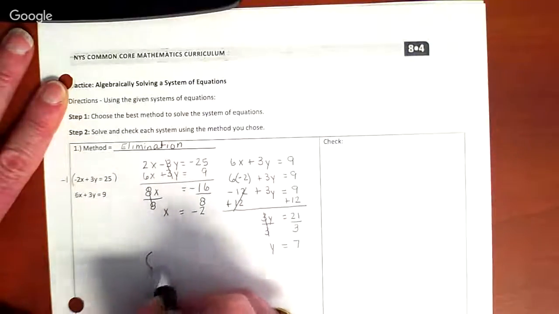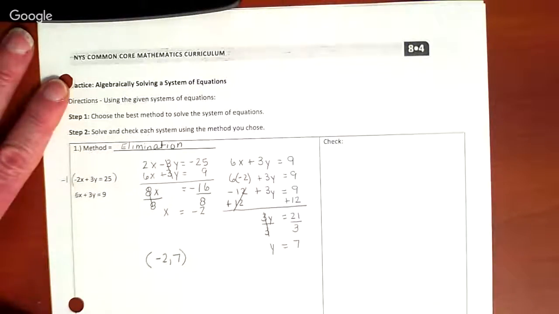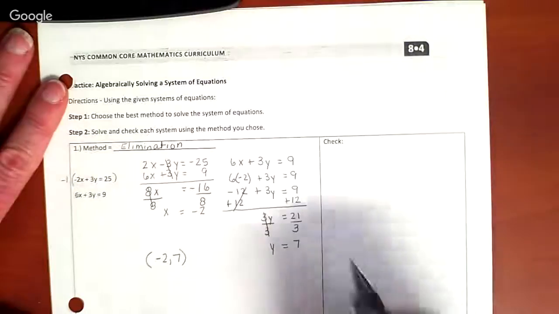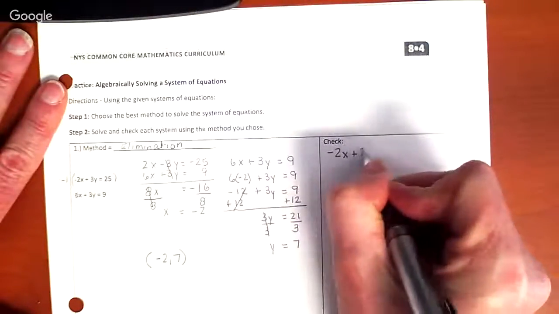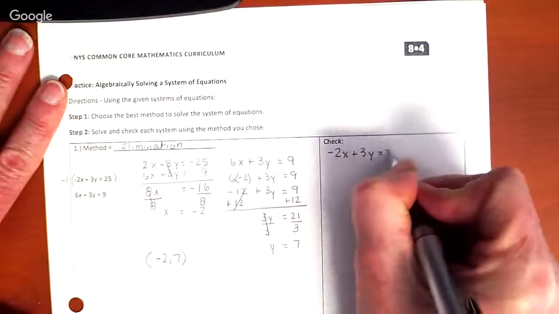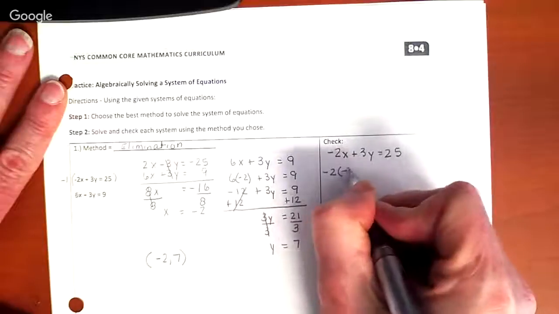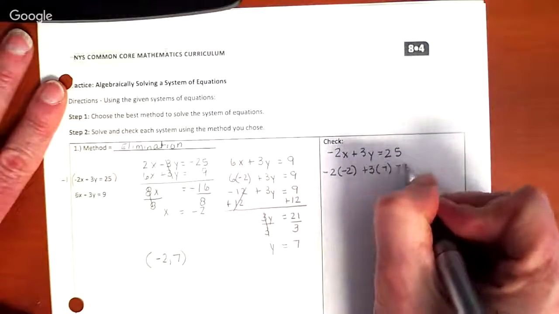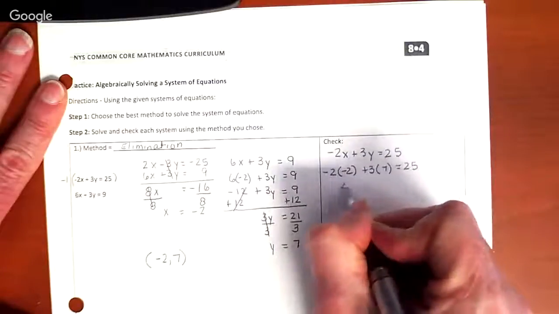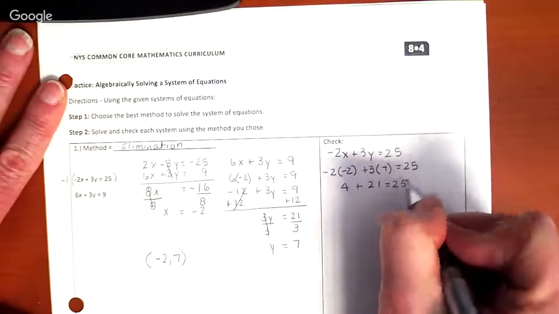So my solution is -2, 7. So to check it, I have -2x plus 3y equals 25. Substituting in, I have 4 plus 21 equals 25.